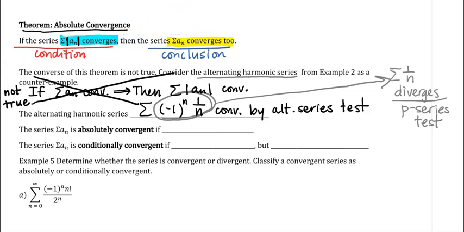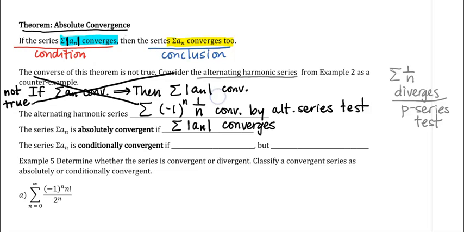And now we have some definitions. We define a series as absolutely convergent if the series of the absolute value of the terms of that series converges. If, when we apply an absolute value and make all of our terms positive, the series converges, then it is absolutely convergent.